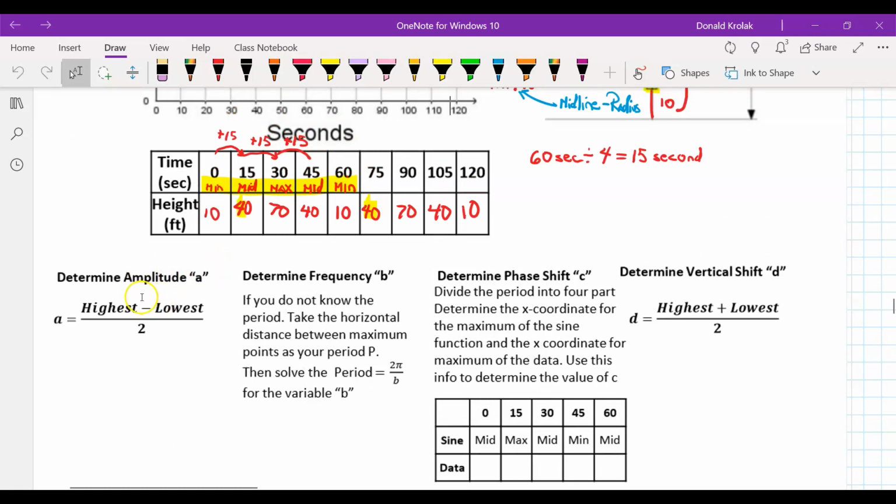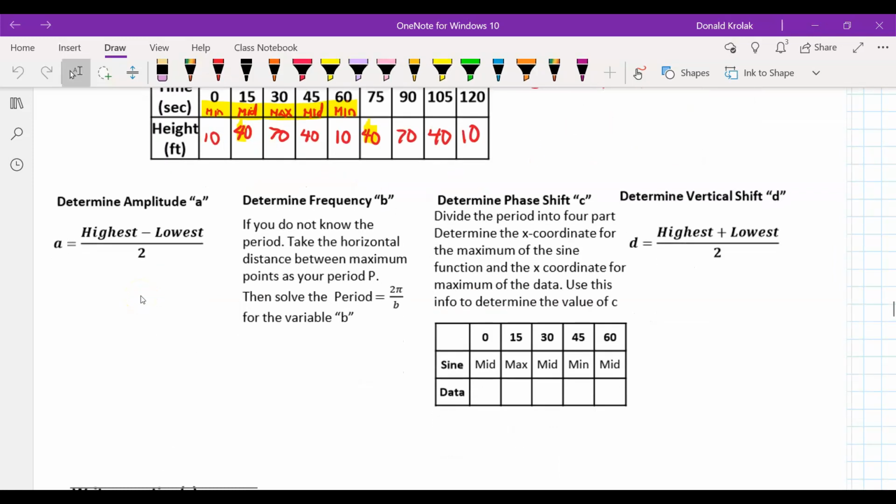All right, so most of the things are pretty easy to solve for. The phase shift is a little tricky, but other than that, amplitude is just your highest take away your lowest, divided by 2. That gives me my A value.